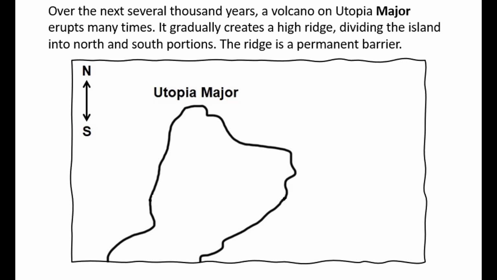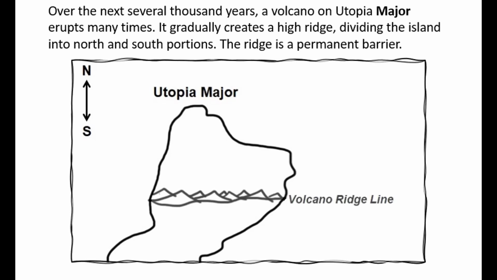Over the next several thousand years, a volcano on Utopia Major erupts many times. It gradually creates a high ridge, dividing the island into north and south portions. The ridge is a permanent barrier.